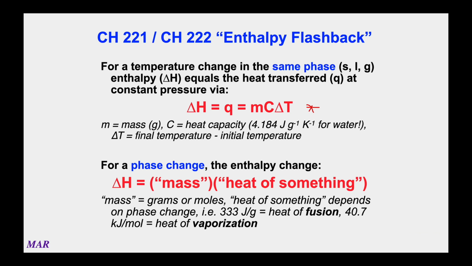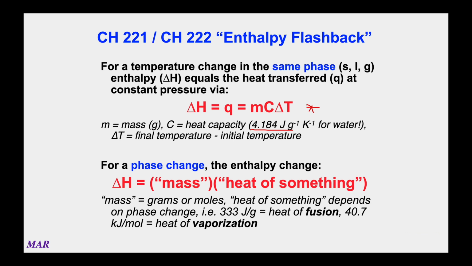And change in phase means you have just a solid, or just a liquid, or just a gas. But you're not turning liquids to gas or anything like that. In Chem 221, we talked a lot about 4.184. That's the heat capacity of liquid water. That would be a cool number we'll use a little bit here. But anyway, if you have a temperature change but no change in phase, use Q equals mcΔT or ΔH equals mcΔT.